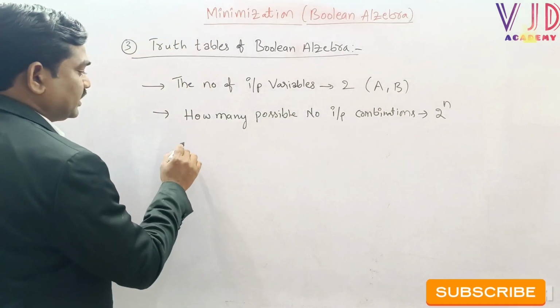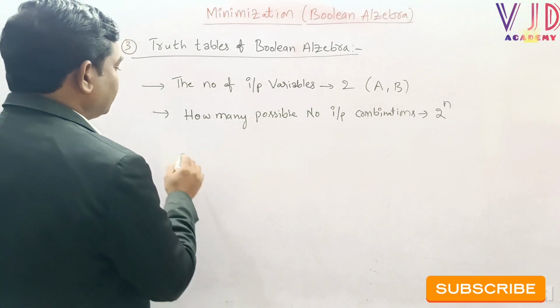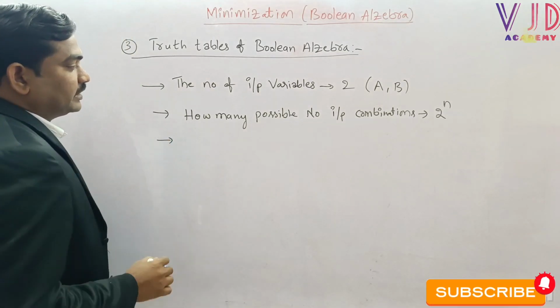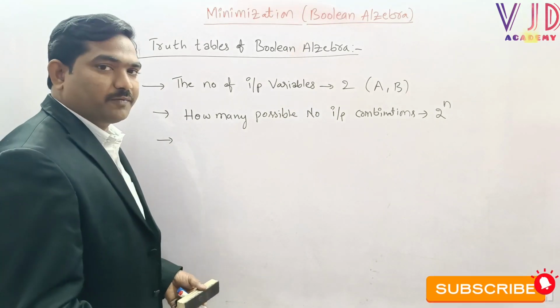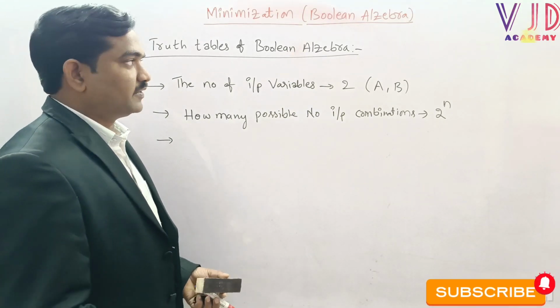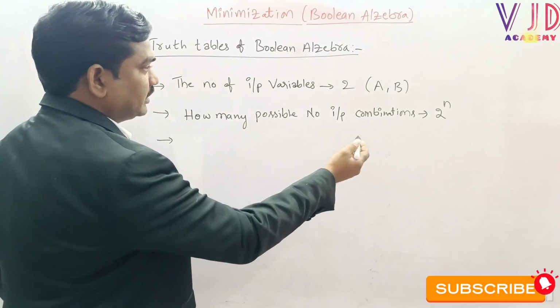Sir, suppose I draw a table here to understand better. Now the second thing: suppose the examiner asks how many possible truth tables there are for the given two or many or whatever number of input variables.